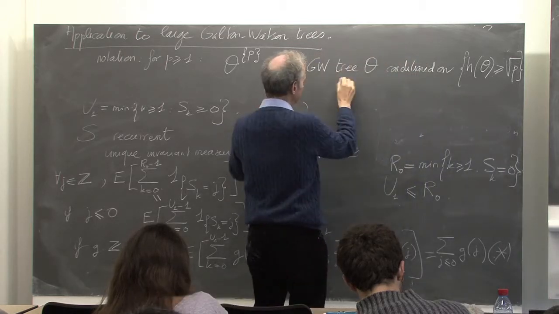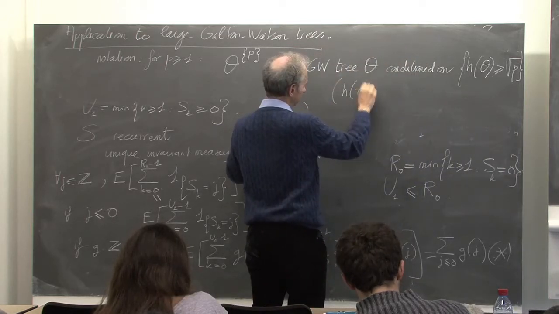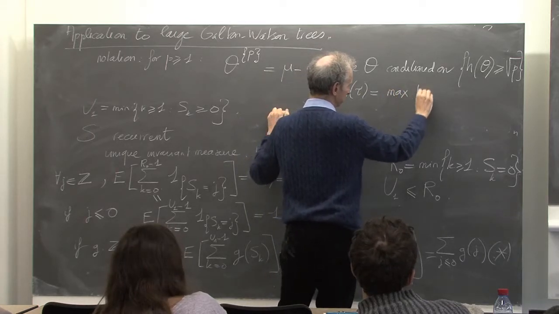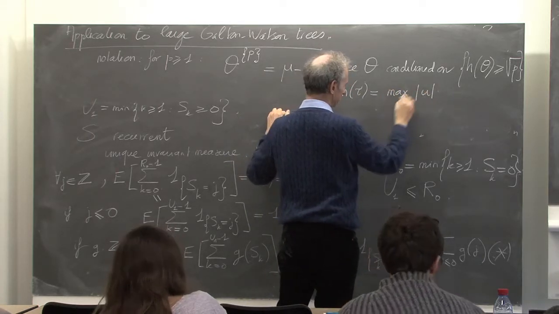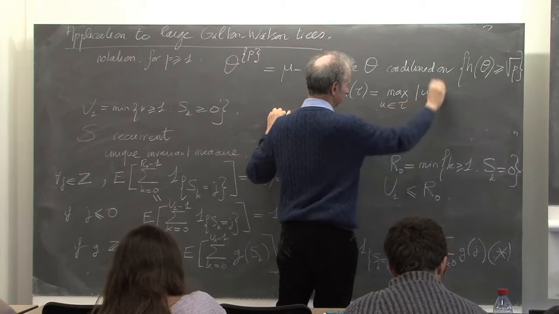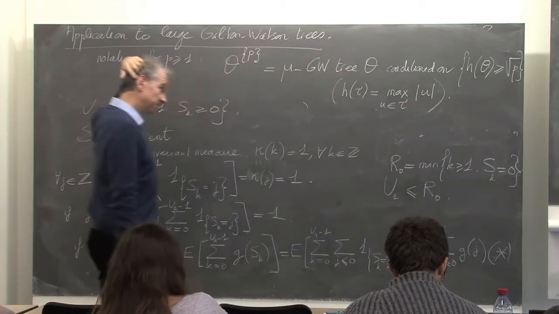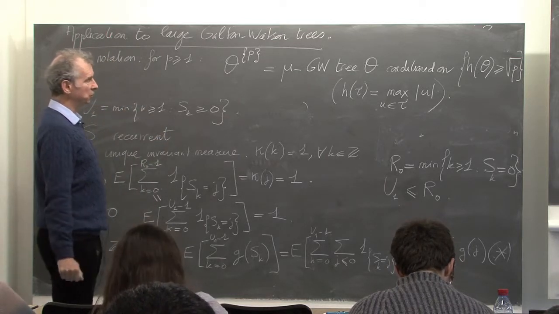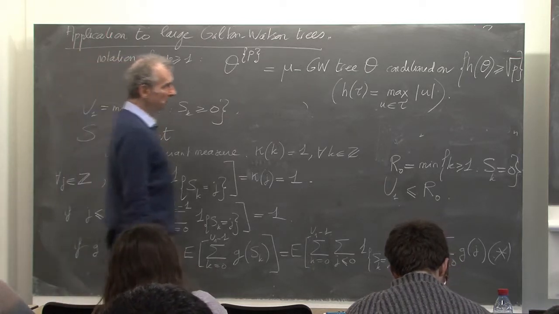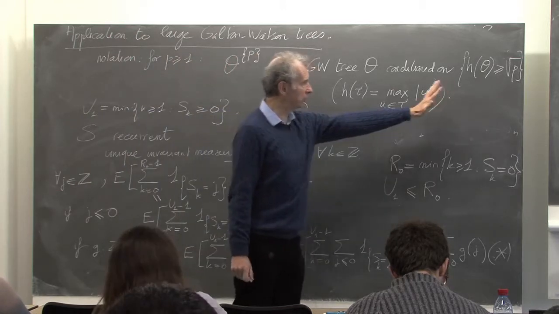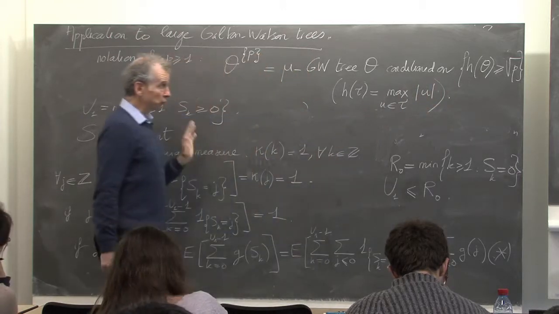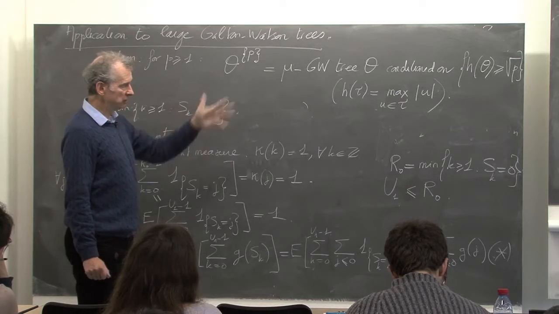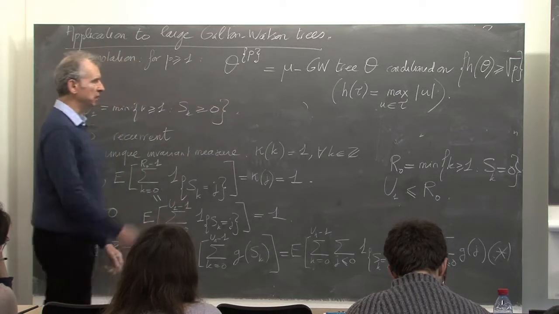So what is the height of the tree? h of a tree tau is just the maximal generation in the tree. So it's a way of conditioning a tree to be large. I could have conditioned it also to have a large total progeny, a large number of vertices, and the same techniques would apply. But I will consider that.